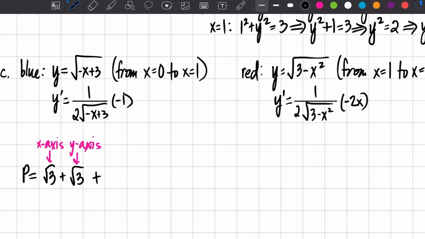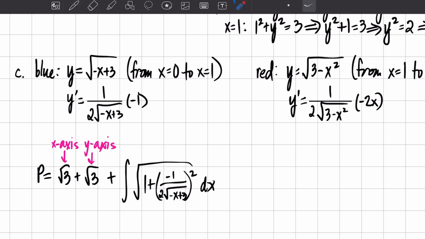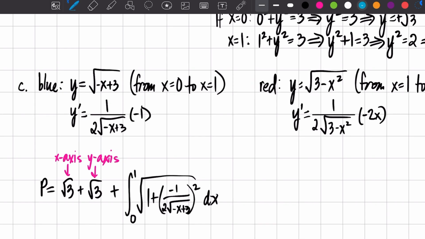Let's set up the integral. For the blue curve, that would be the integral of the square root of 1 plus its derivative right here, so negative 1 over 2 square root of negative x plus 3, squared, dx. And the bounds would be from x equals 0 to x equals 1. This is for the blue curve.